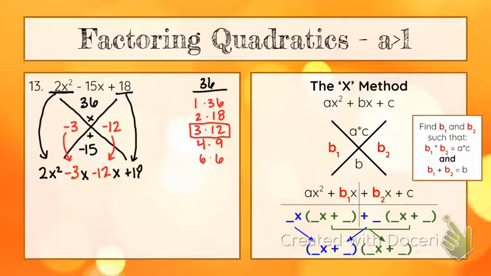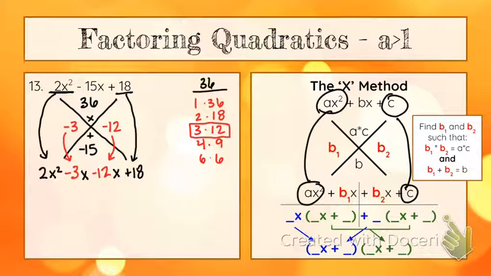So plus 18. So I want you to see, like over here, ax squared gets brought down and c gets brought down. But bx is going to be split into b1x plus b2x. And so if you look here, negative 15x is what we used to have.